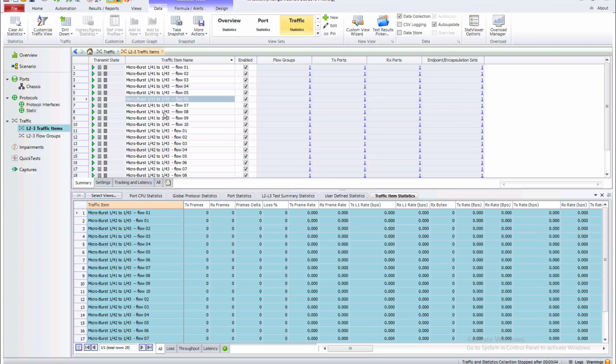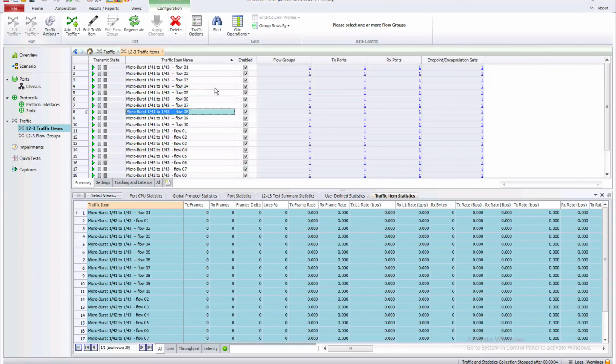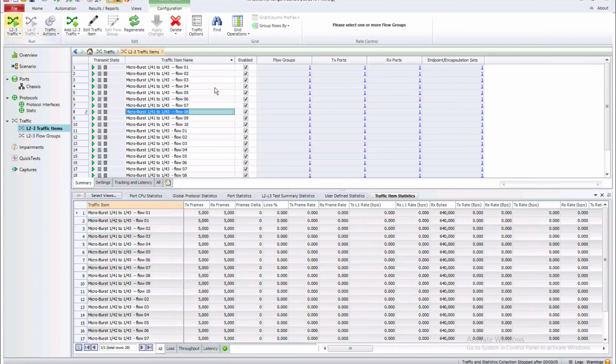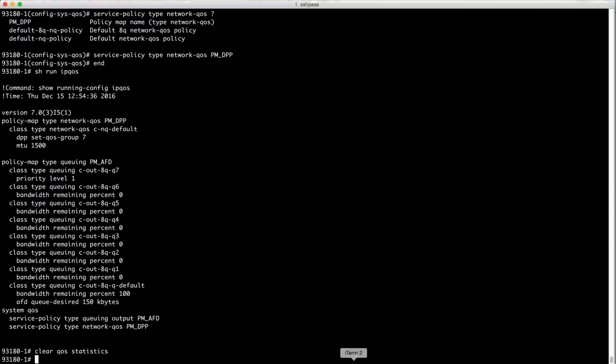Okay, so again, the microbursts were totally absorbed by the switch, so it was a success.